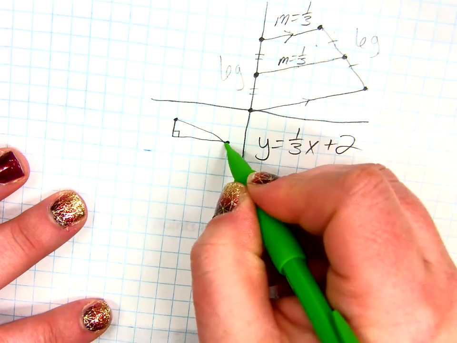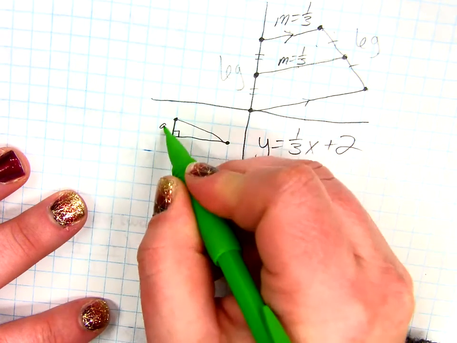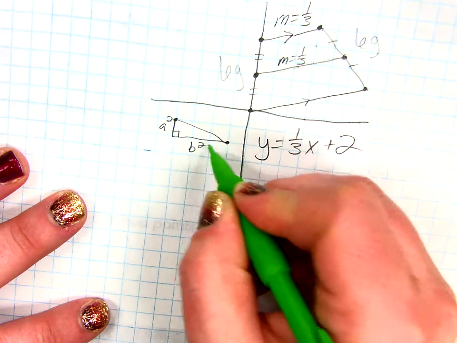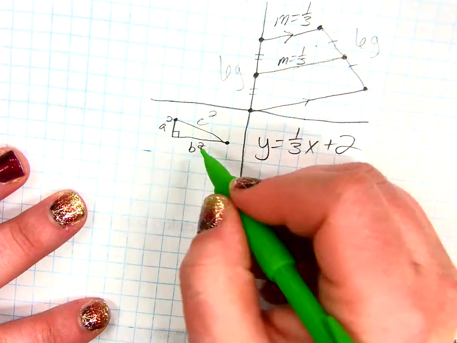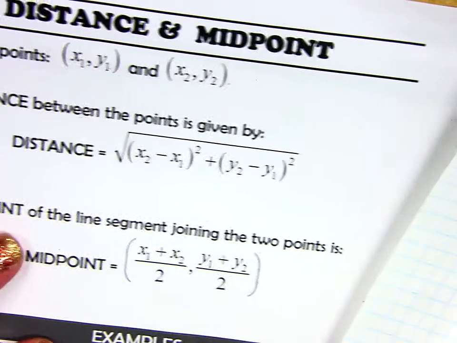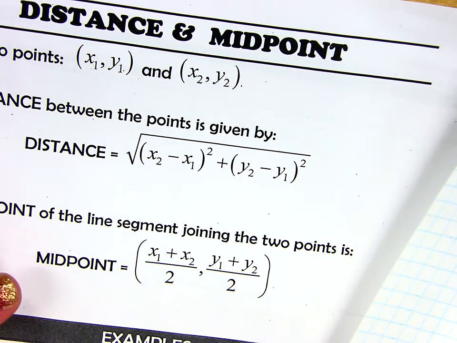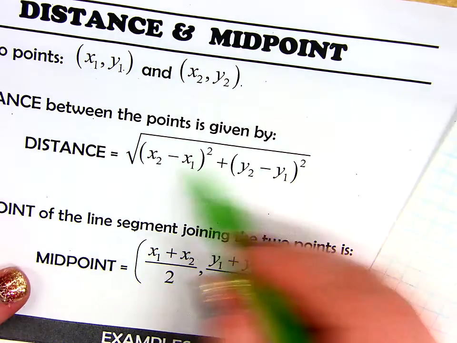And that length is going to be your hypotenuse. So it's really a squared plus b squared giving me c squared. That's really all the distance formula is. It's solving for c. Okay?